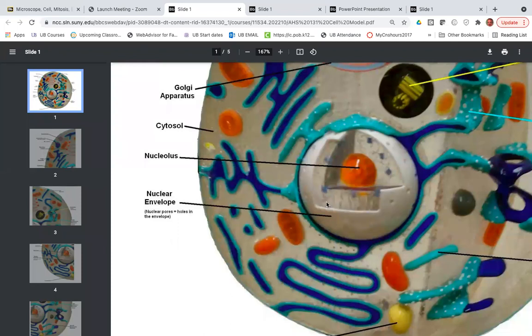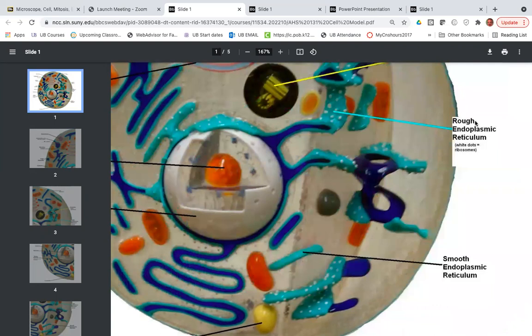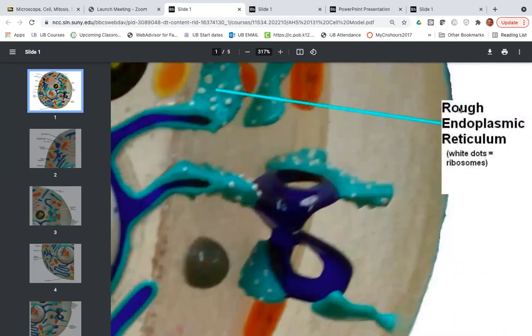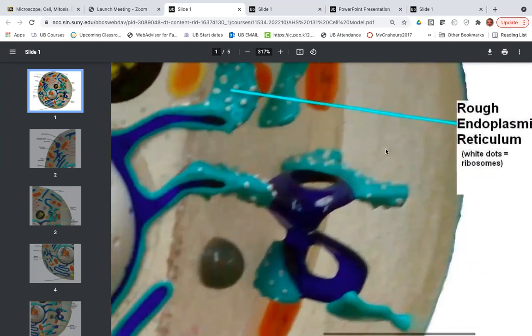Continuous with the nuclear envelope is the endoplasmic reticulum, but in this case, it has the fixed ribosomes, so it's called rough ER, or the rough endoplasmic reticulum. We can see here, the white dots are the ribosomes.